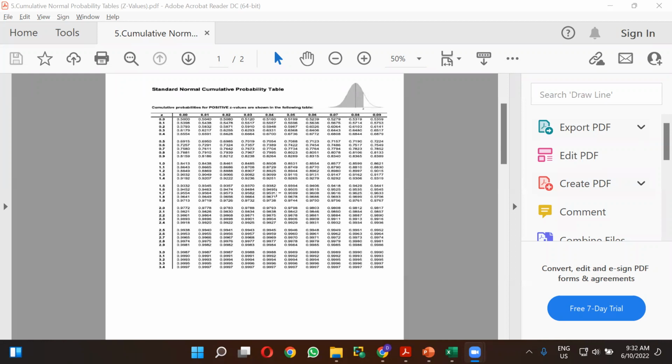So it is 0.9495, and take the summation of 1.64 plus 1.65 and divide that by 2 to take an average. So 1.64 plus 1.65 divided by 2 means it is 1.645.